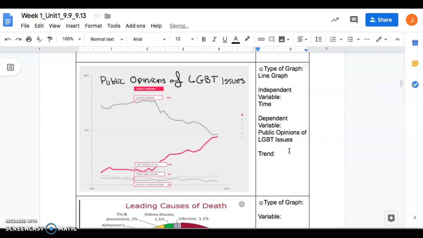All right, trend. Again, I'm going for the most obvious. I'm going to look at this top line here, which says always wrong.